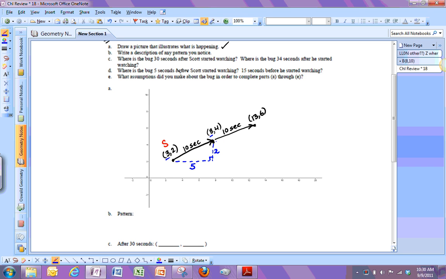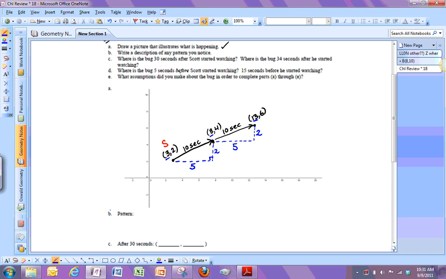So let's do it here too and see if it's the same thing. When I go across the bottom right here, I'm going from 8 to 13. So that's 5 units. And when I'm going up and down right here, that's going from 4 to 6. So that's going to be 2 also. So now it looks like we've got a good pattern.